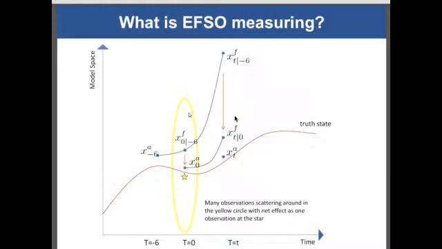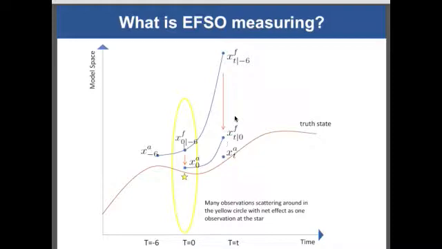If you compute EFSO in this case, you will immediately find that all the detrimental observations are these ones larger than your background, and these observations down here, smaller than your background, are pulling your future forecast towards the true state.